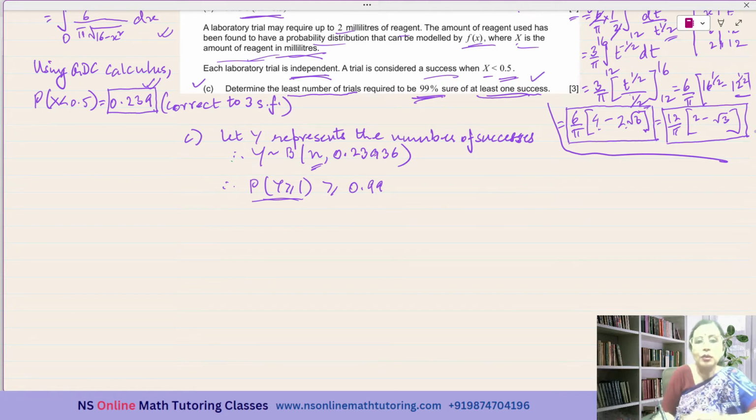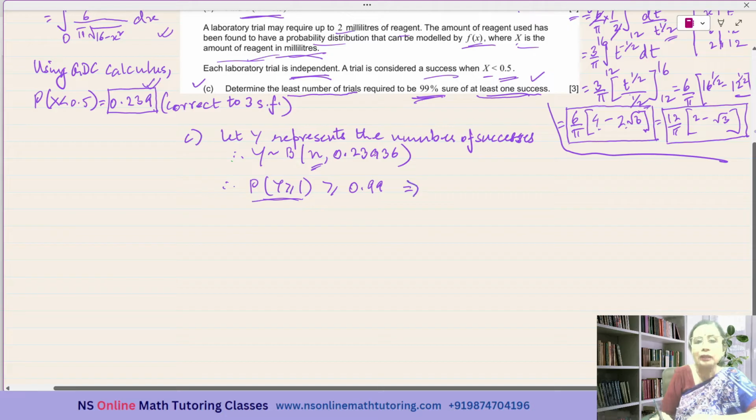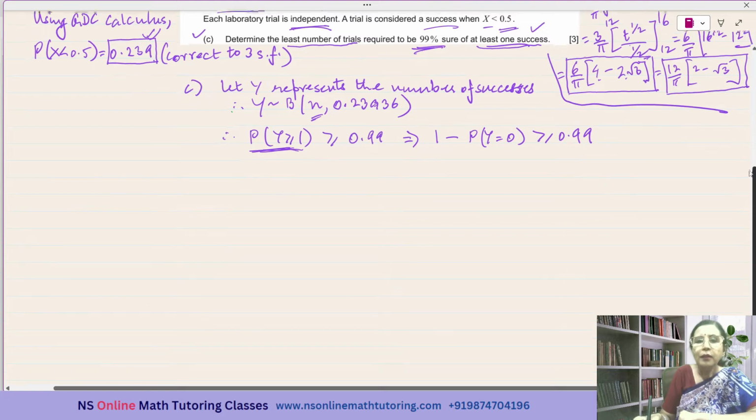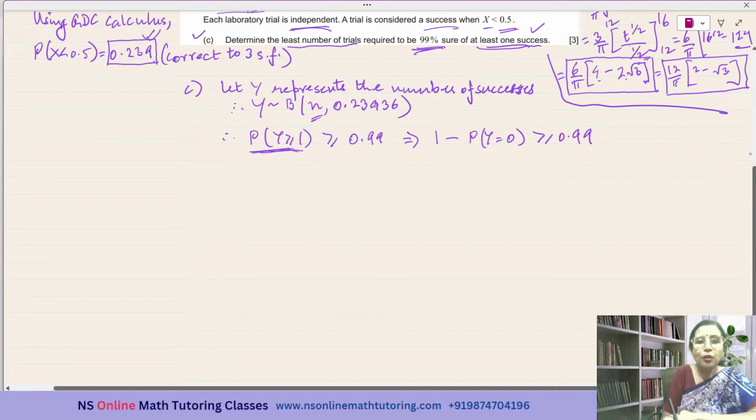So this can be written as 1 minus, because the sum total of all the probabilities will be equal to 1. So probability of y greater than or equal to 1 will be equal to 1 minus the probability of 0 successes, that means y equal to 0. And this should be greater than or equal to 0.99. Clear?